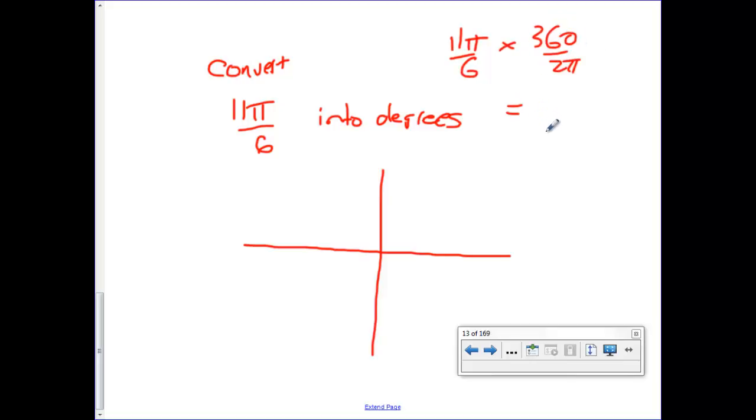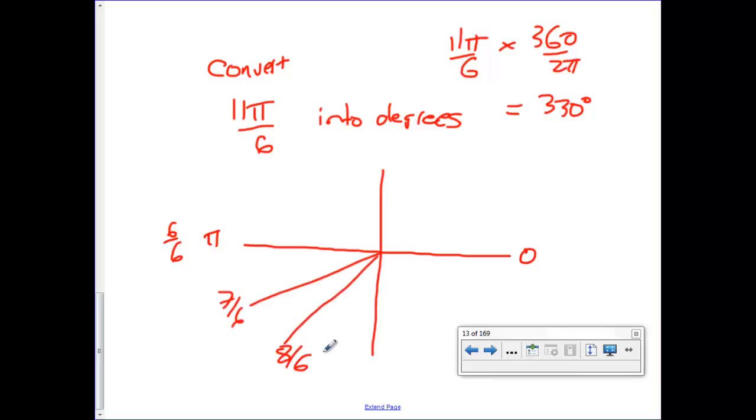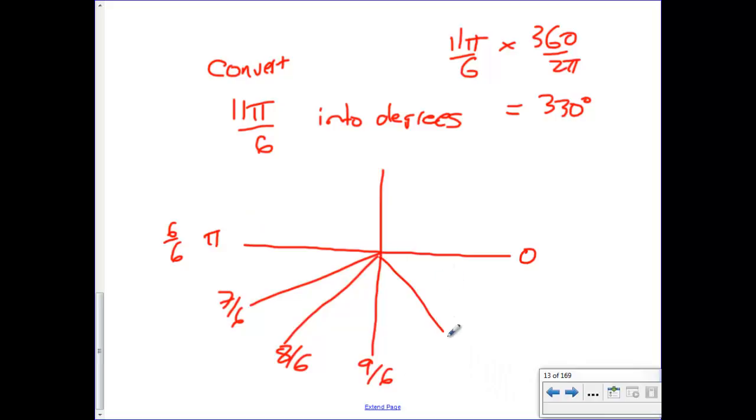11 pi over 6 times 360 over 2 pi. What do you get? 330? Let's see if this makes sense. If this is 0, then this would be pi. Pi really would be 6/6 of pi. Then this would be 7/6, 8/6, 9/6, 10/6, 11/6, and all the way around the circle would be 12/6.